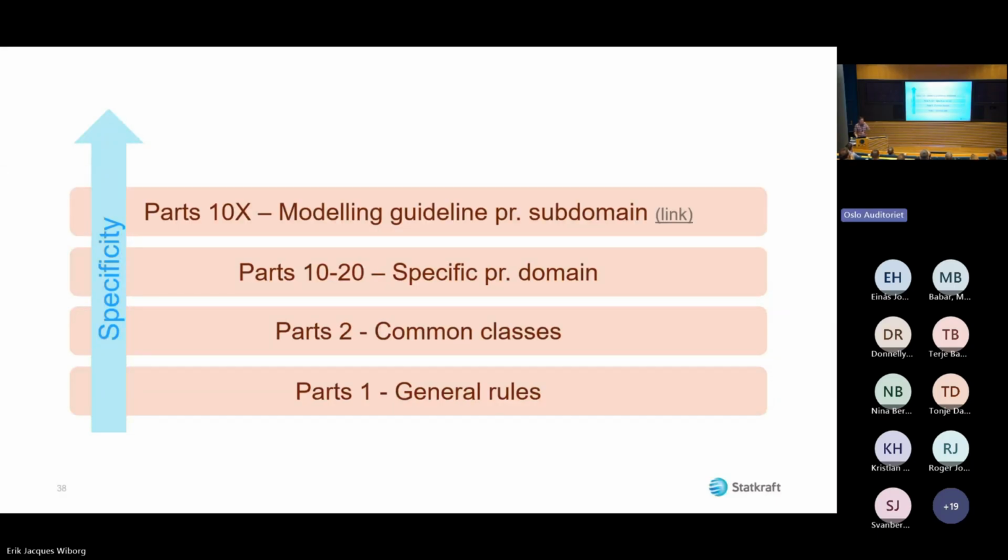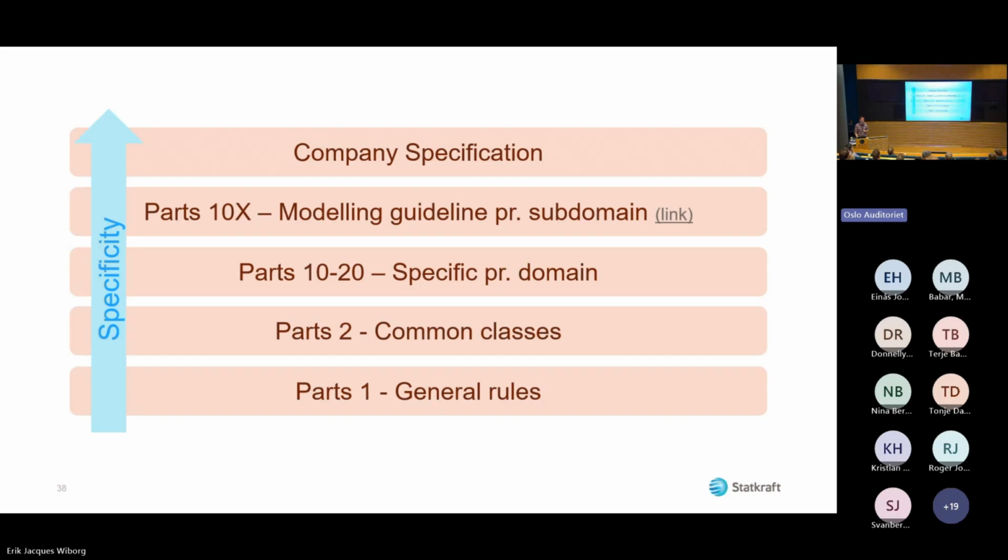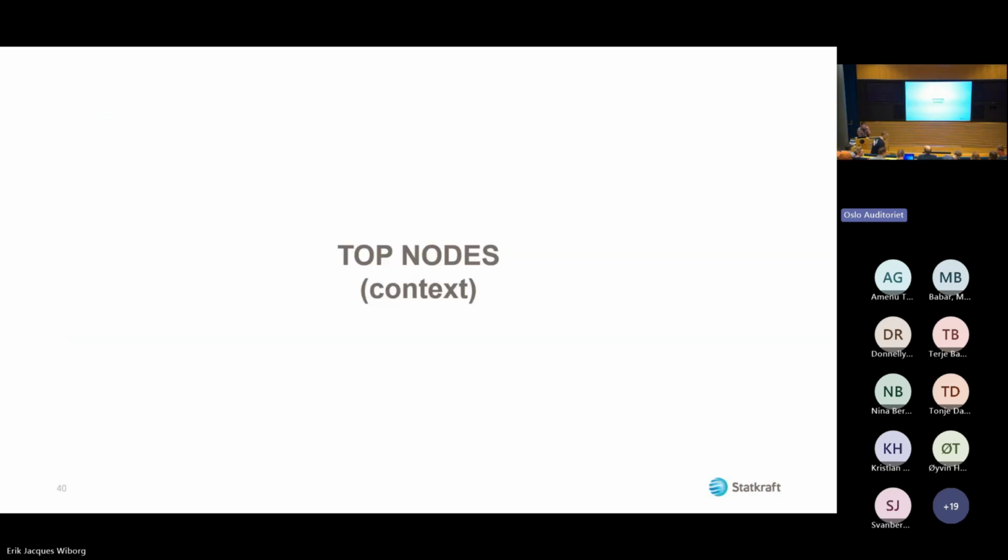And then we'll have these guidelines that I was talking about. On top of this, you should probably have your company specification, because even within all this framework and guidance, there are choices that you need to make, which you probably want to have standardized across your own assets.